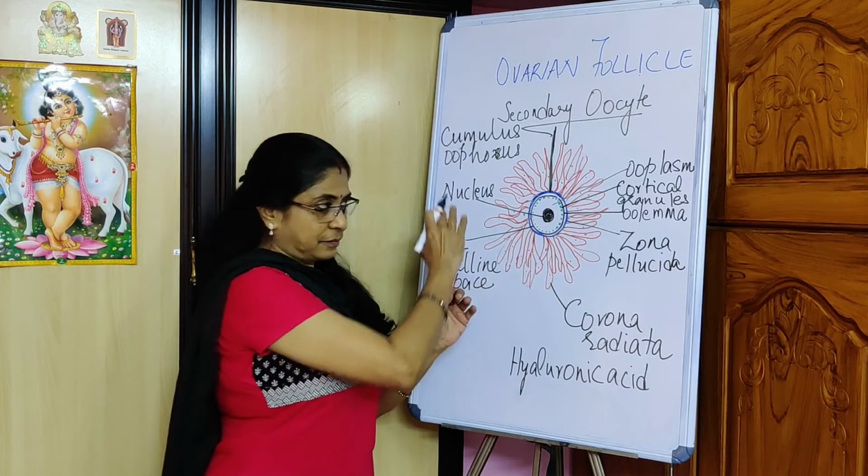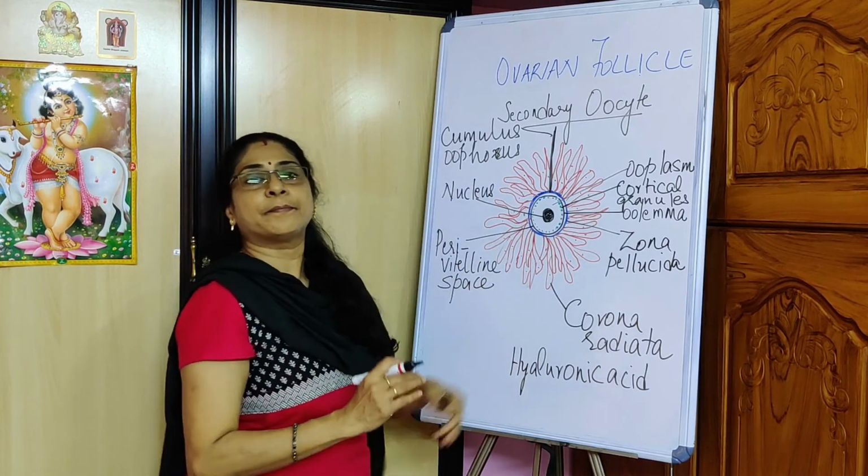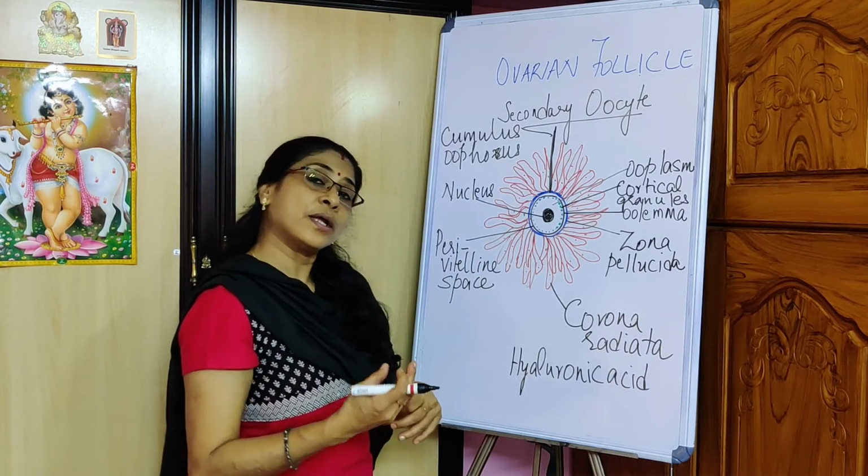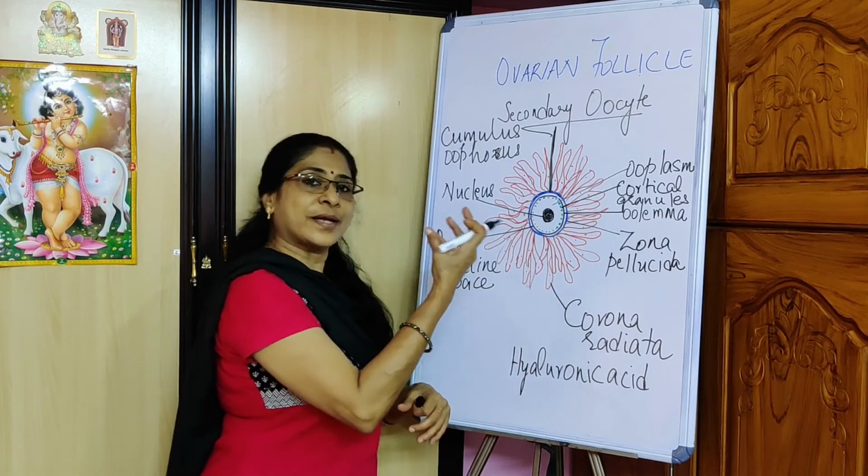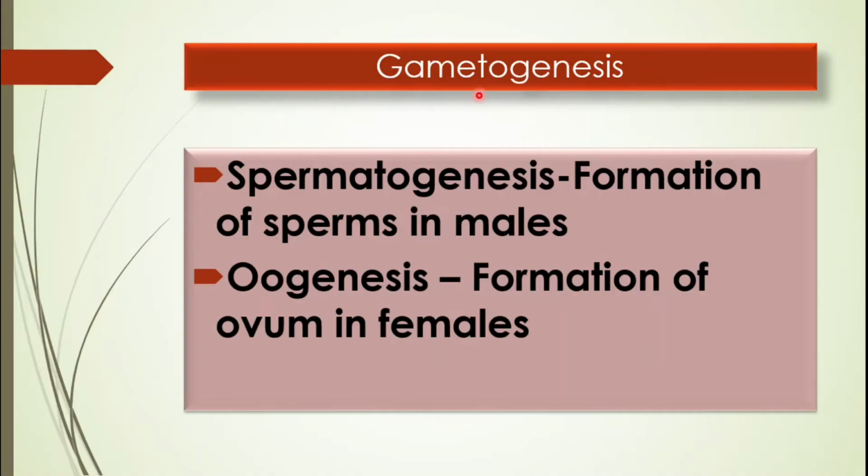So, with this we have completed the development of the ovarian follicle as well as the secondary oocyte inside it. I hope you recollect that when we studied the events of reproduction, the first step was gametogenesis. Gametogenesis means formation of gametes.